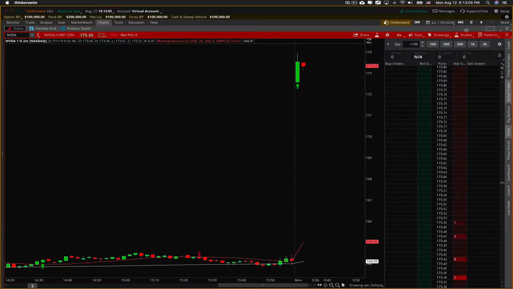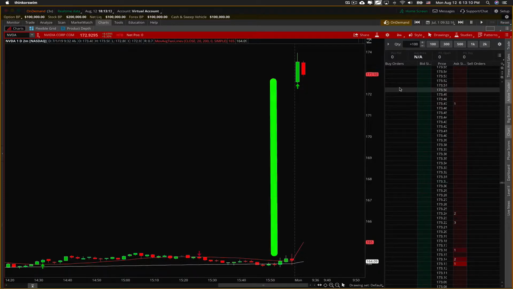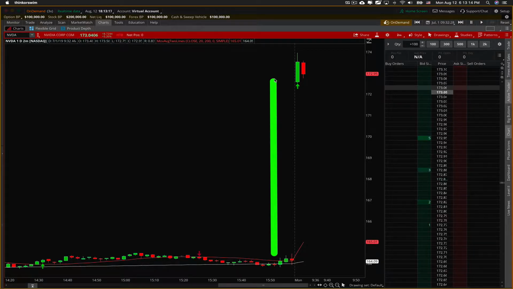Yeah, there's 2 minutes. So it's kind of going sideways, right? It's got a big gap up, which is green. So we want to see if it follows through, goes past that bar. That's what we're looking for.